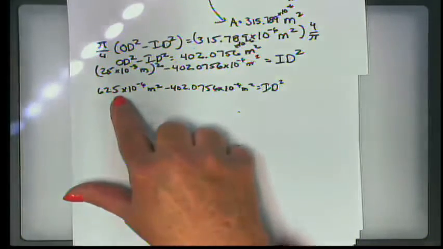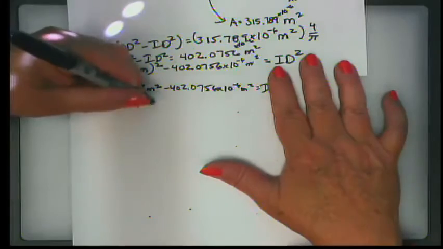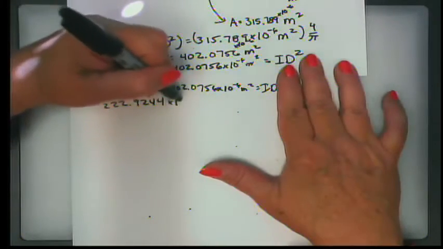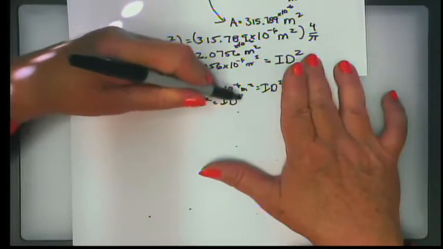So I have 625 minus 402 is the arithmetic part. I carried out some decimal places, which will go away in a minute. And that value, this minus this, is 222.9244 times 10 to the minus 6 meters squared equals the inside diameter squared.